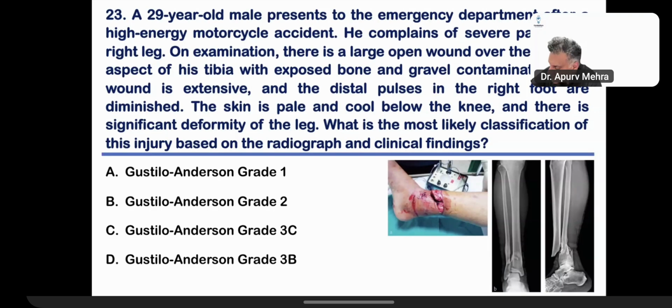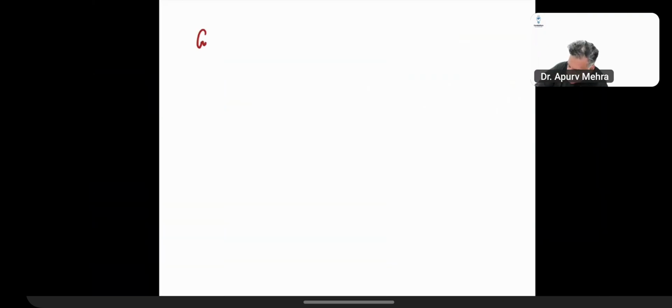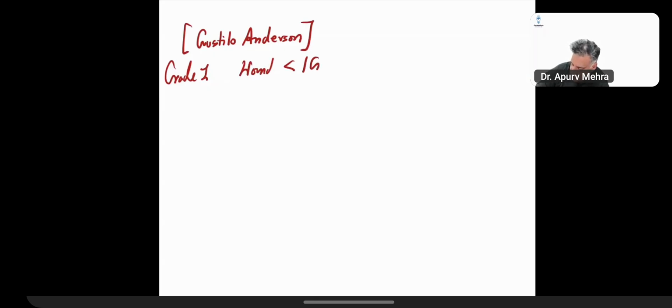Let us do the Gustilo-Anderson classification. Grade 1 is a wound less than 1 centimeter. Grade 2 is a clean wound of 1 to 10 centimeters.